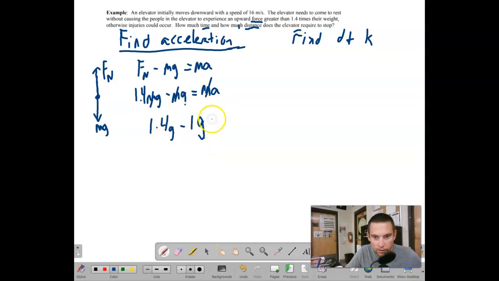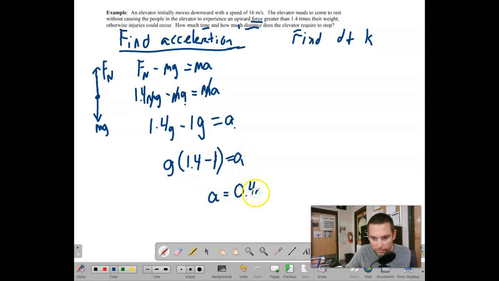And all of that will, of course, equal a, bringing it down from above. So we can pull out g from each term, and we have 1.4 minus 1 equals a. So a equals 0.4 g. So a equals 4 meters per second squared.